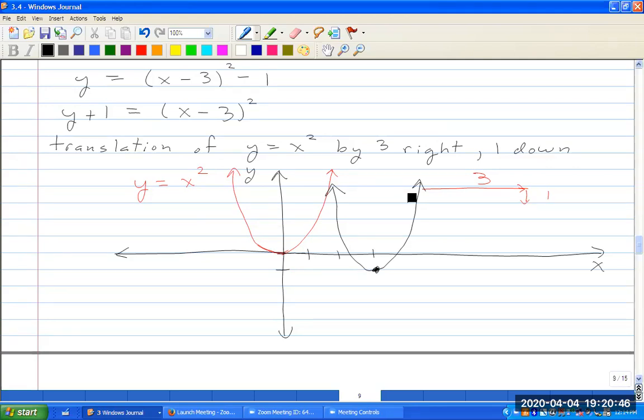And then I said that it depended on whether a was greater than 0 or less than 0, if it went up or down, meaning it's just a reflection about the x-axis or not. And if the absolute value of a were greater than 1, that is because I was stretching the y-axis by a factor of a.